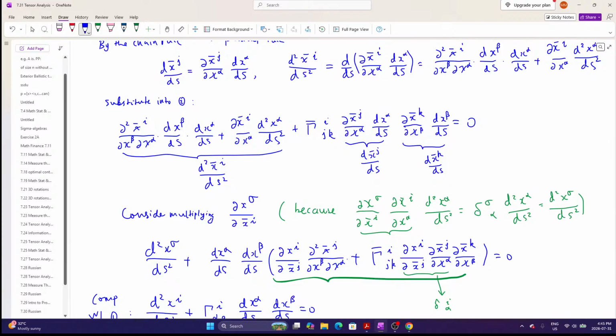And here, the second derivative needs to be changed. It's d squared x bar I here. And the Jacobian is now dx sigma over dx bar I, sigma up, I down. Okay, that's cool. And the last term, we got big gamma, ijk. And what else?